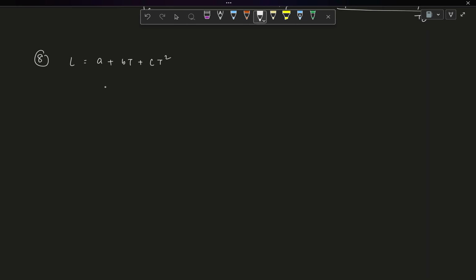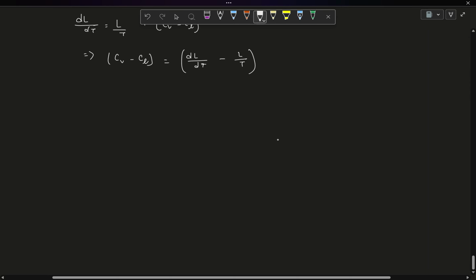So then you know that dL by dT is equal to L by T plus Cv minus Cl, vapor phase minus liquid phase. There is a difference in specific heat. So Cv minus Cl will be dL by dT minus L by T.